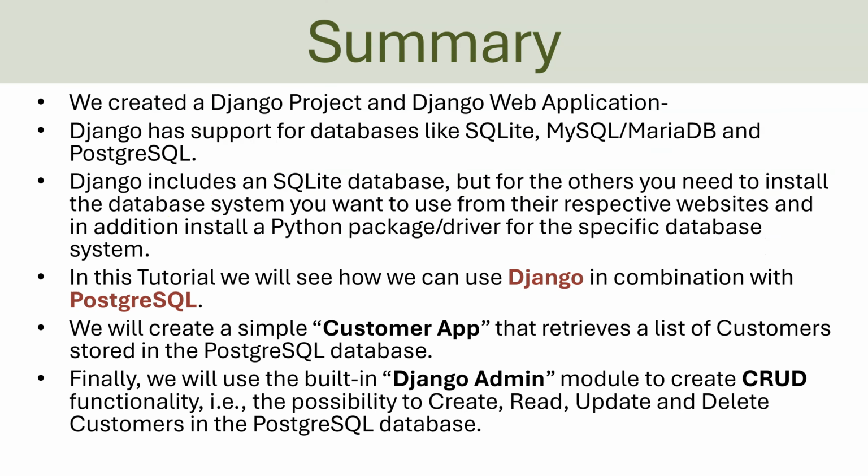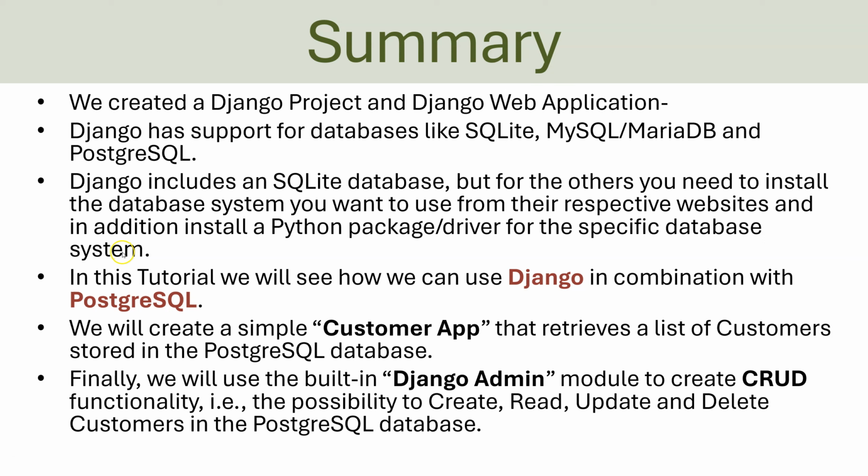So let's summarize. In this tutorial, we created a Django project and a Django web application. Django has built-in support for different database systems like SQLite, MySQL, MariaDB and PostgreSQL. By default, Django includes this SQLite database, but for a real application, you typically should use one of the other database systems like MySQL, MariaDB or PostgreSQL.